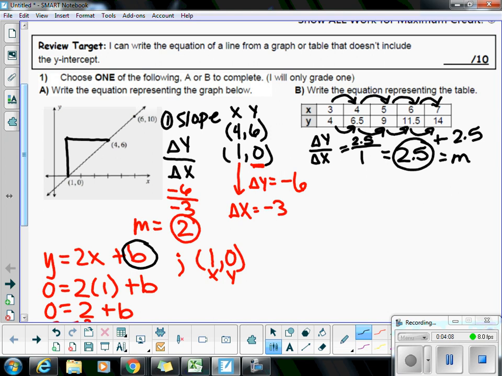Use the same process. We have to go find our b value, but we have to start with the equation, what we know.